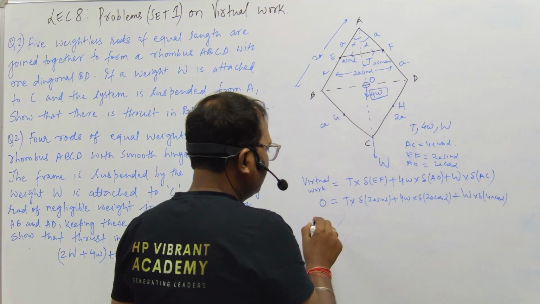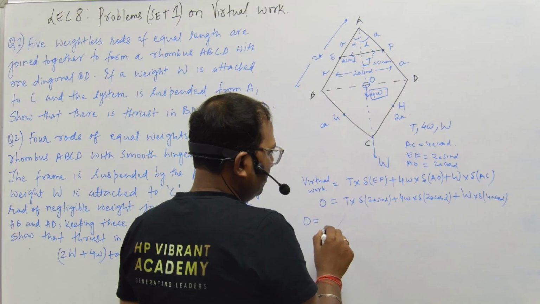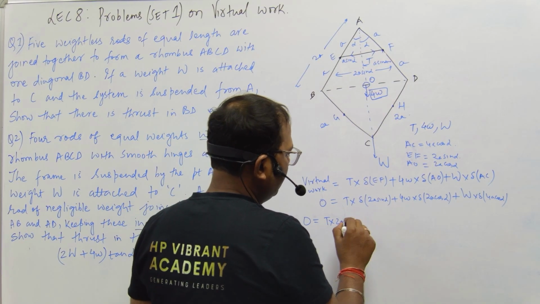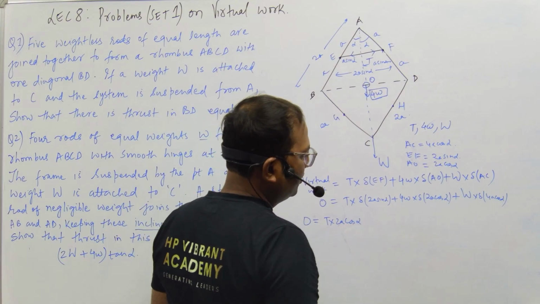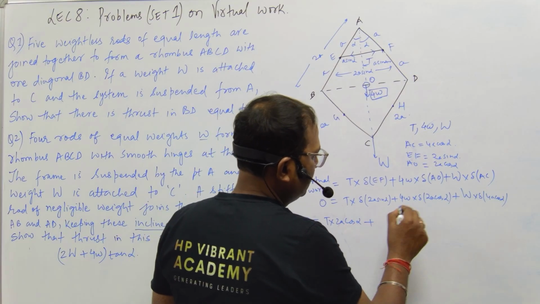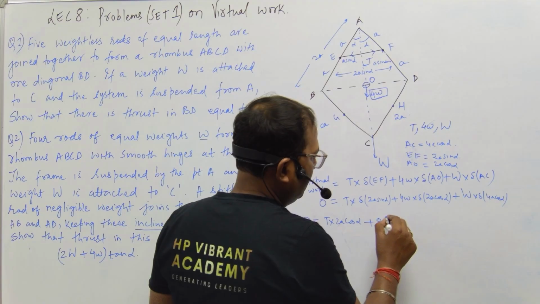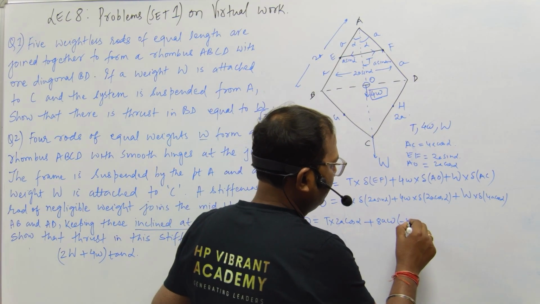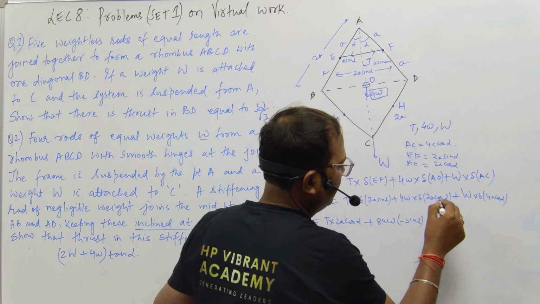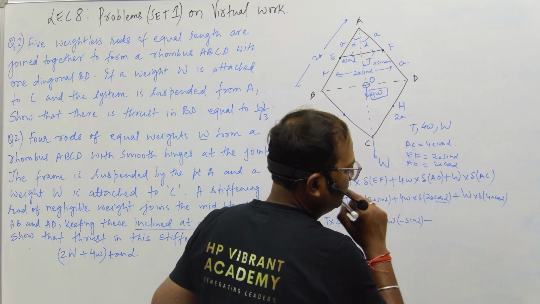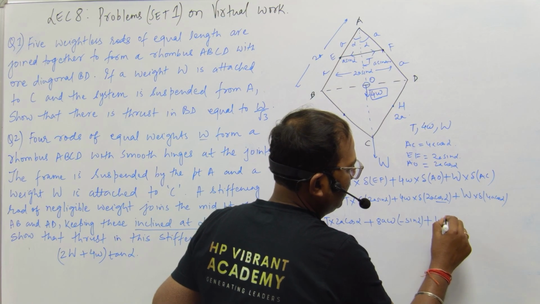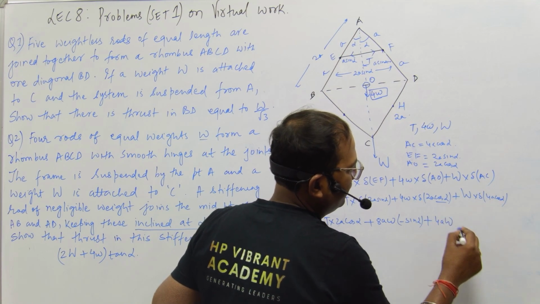So we have 0 equal to T times 2a into the change in sin alpha, which is cos alpha, plus 8a small w into minus sin alpha, the change in cos alpha being minus sin alpha, plus 4a capital W, where the change in cos alpha is minus sin alpha.